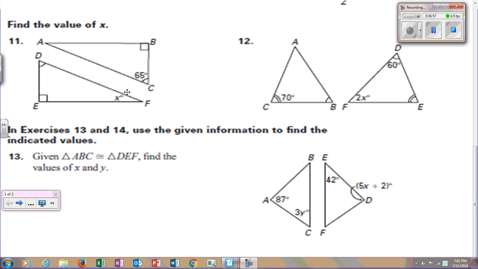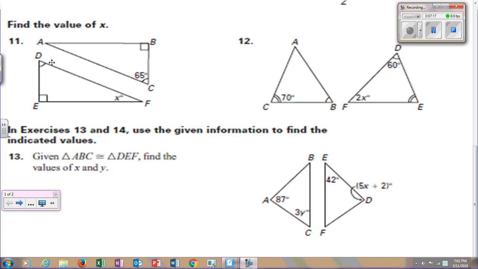Number 11, find the value for x. So if we look at this one, we have triangle ABC, we have triangles DEF, and we don't know that those are congruent yet. However, this is 65 and this is 90.